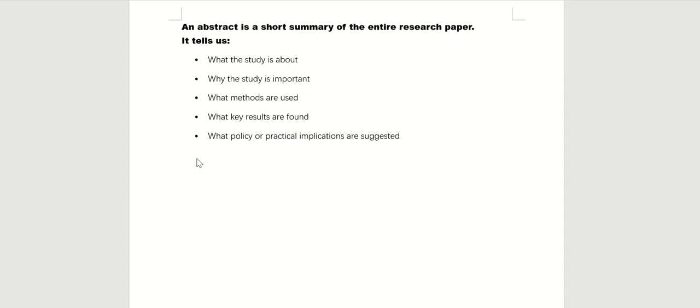Now I am going to share the most important thing: how to read an abstract with a quick formula. Whenever you read an abstract, follow this simple structure. The first one is background. The second one is research gap. The third one is research objective and data.